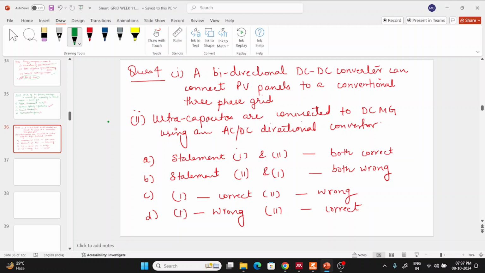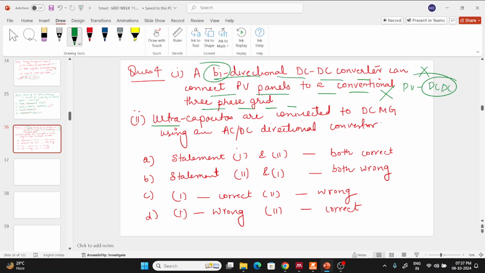Okay, okay, okay. Let's see. Which is correct? A bidirectional DC converter can connect PV panels to a conventional three-phase grid. No, this is not correct, because PV panels are connected using a DC-DC converter which is not bidirectional, because energy can only flow from PV panels to the DC bus.